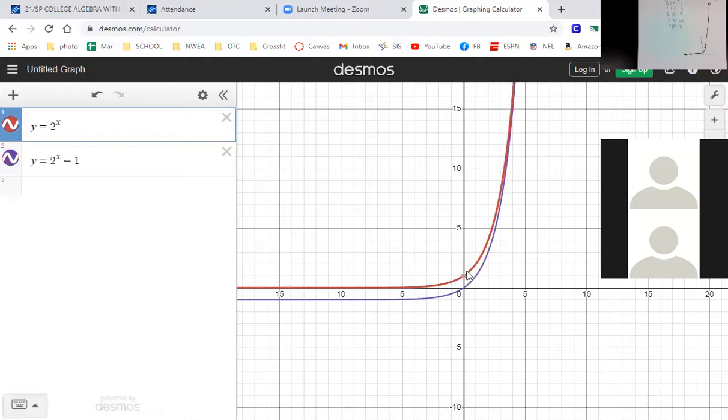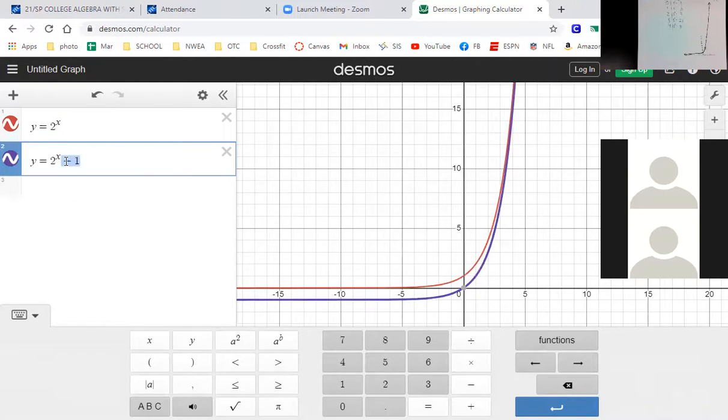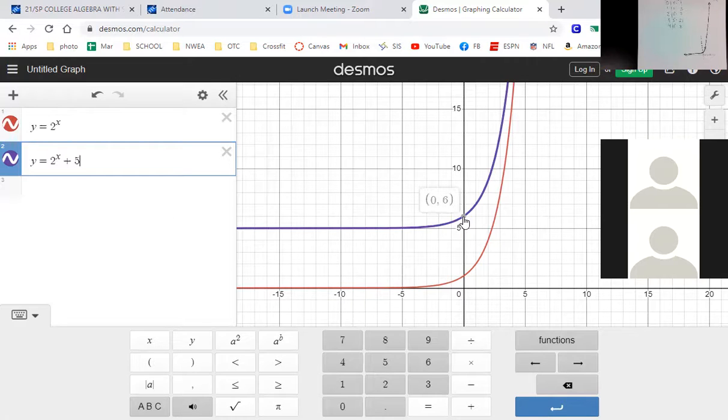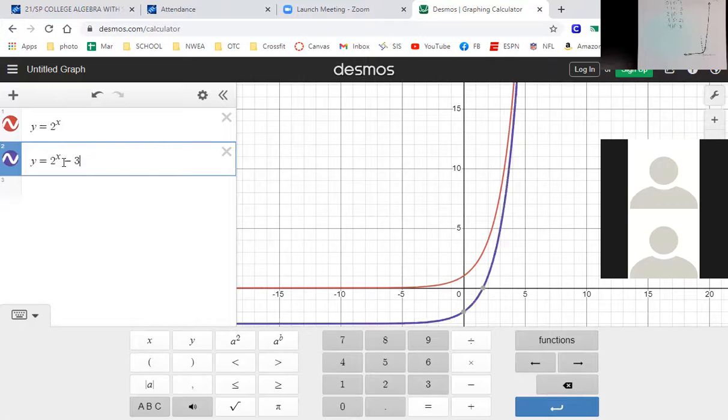So the red graph is my original function. This purple graph is what happens if I subtract 1. It shifted it down 1. So a plus number would shift it up, and a minus number will shift it down.